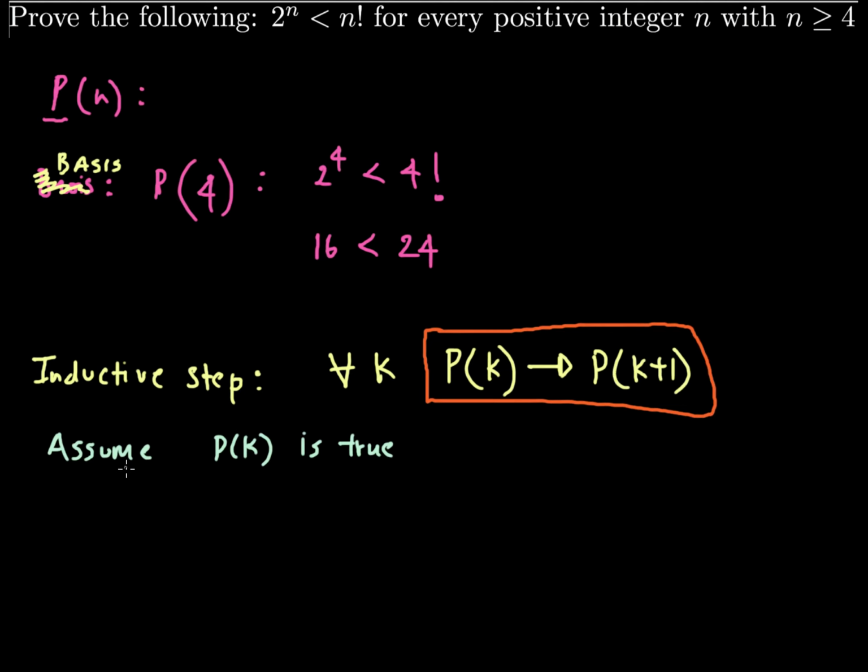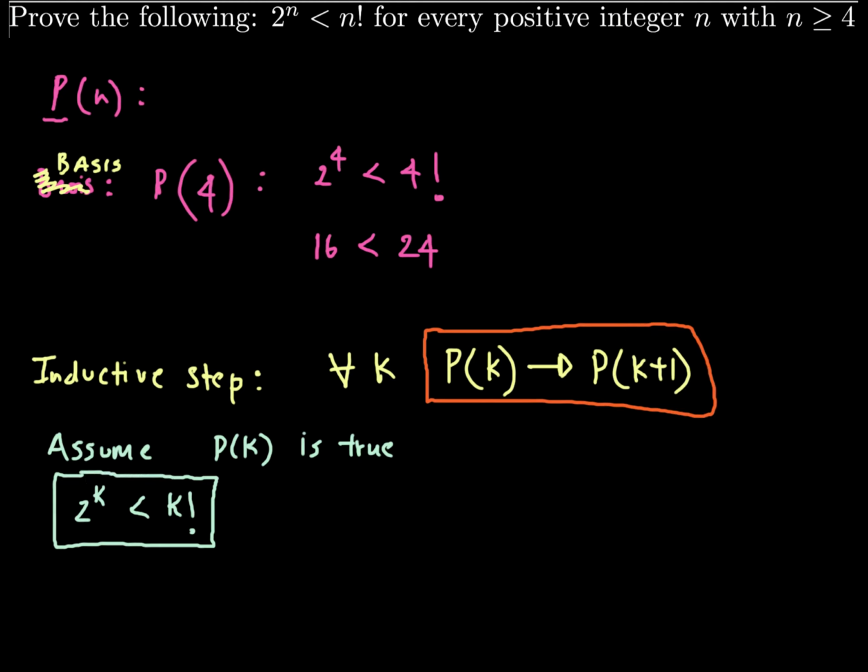Now, how do I do that? So let's rewrite P of k again. This is 2 to the power k less than n factorial, and we're going to assume that this box is true. And again, let's not use n. I need to use k there. So this is k factorial. So we're going to assume that everything in this box is actually true for some arbitrary k out there.